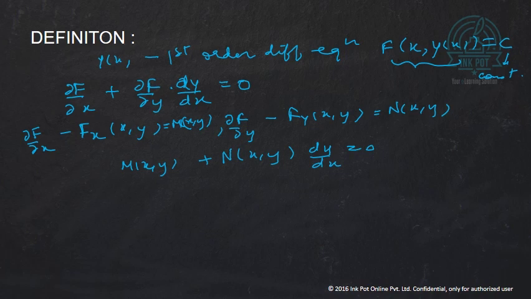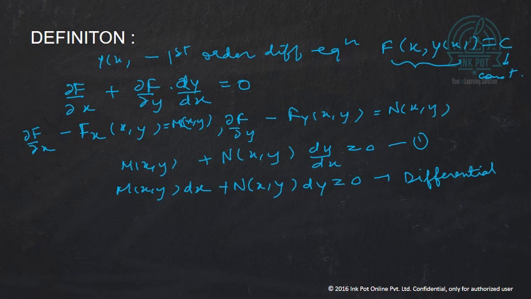It is convenient to write this as M(x, y) dx + N(x, y) dy = 0, and this is called the differential form of the above equation, say (1).